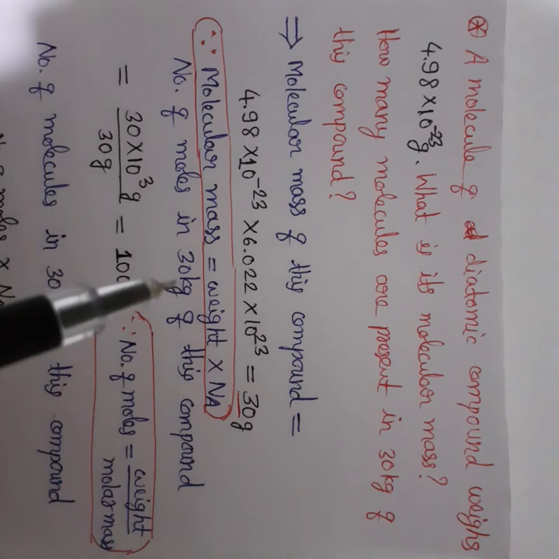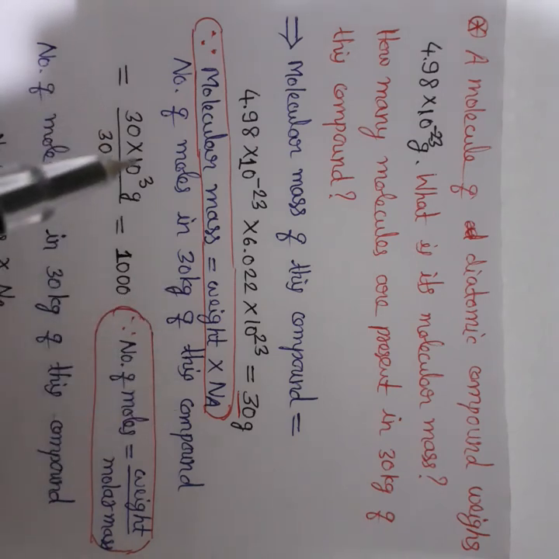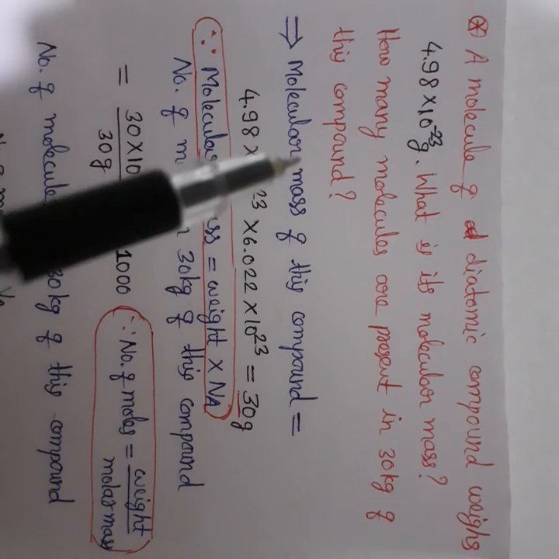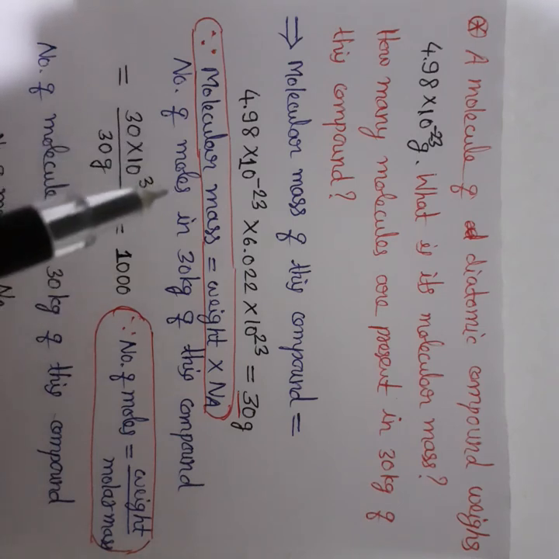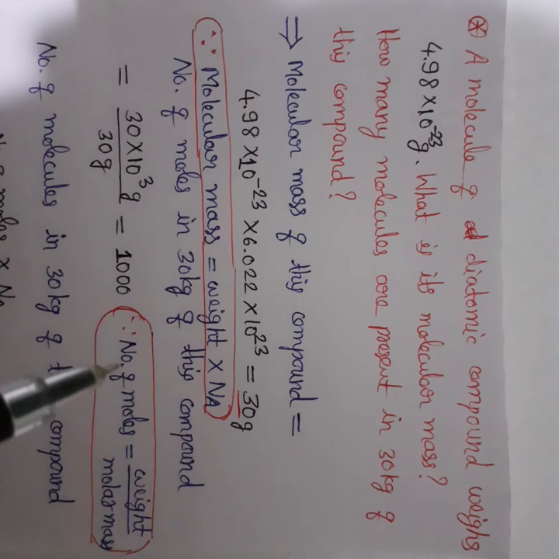Number of moles in 30 kg of this compound is equal to 30 kg, that means 30 into 10 to the power 3 gram, divided by the molecular mass, 30 gram. That gives 1000. This is the number of moles in 30 kg of the given compound, because number of moles is equal to weight divided by molar mass.